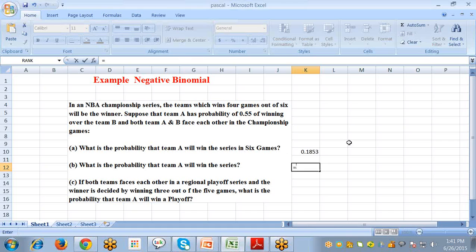If it loses the fourth match, it can't win the series. So the formula would be the probability of 3, plus the probability of 2, plus the probability of 1, plus the probability of 0.